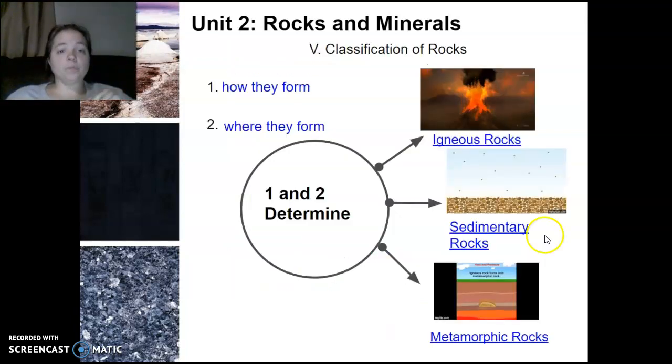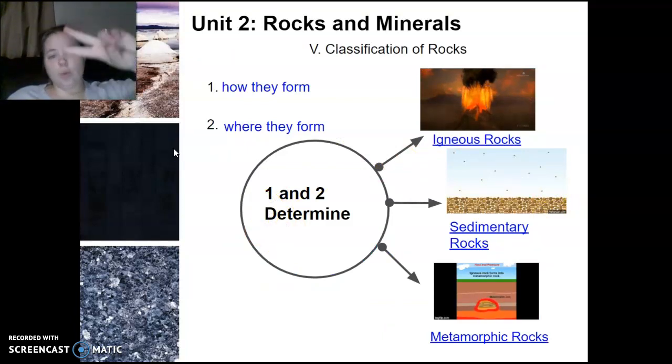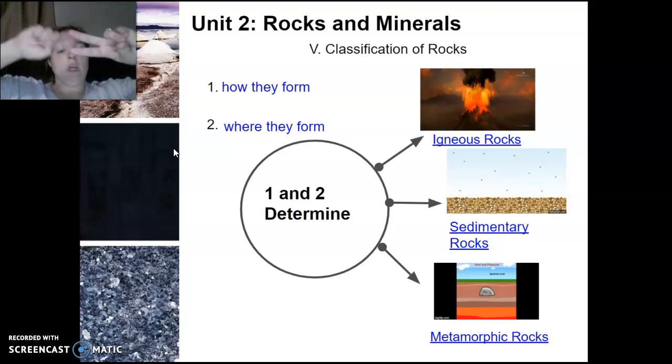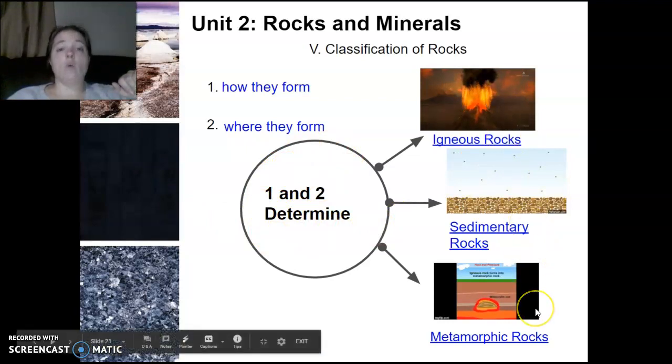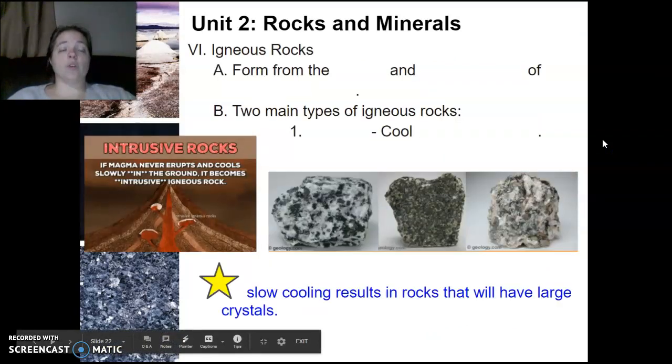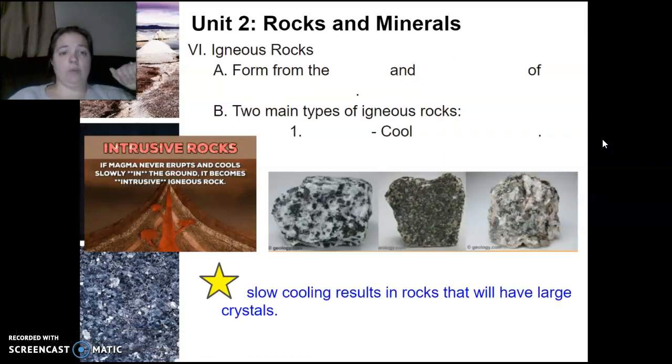Okay? All right, so how do we classify these rocks? 2 ways: how they're formed and where they are formed. Both of those determine if it's an igneous rock, sedimentary rock, or metamorphic rock. Today we're going to look at igneous rock, which is why you're looking at page 6 of your reference table.